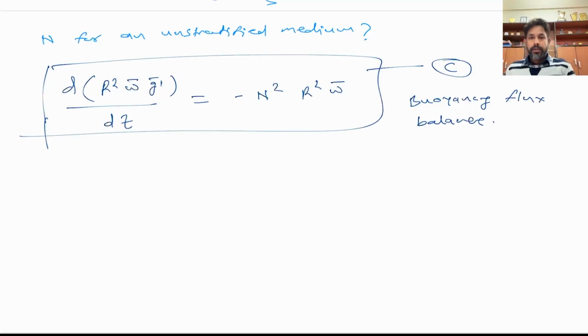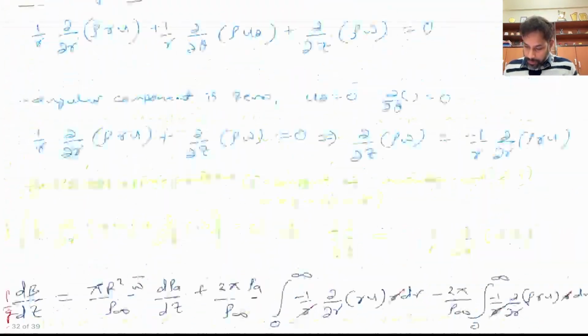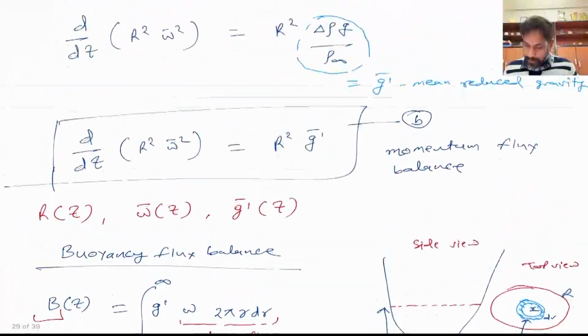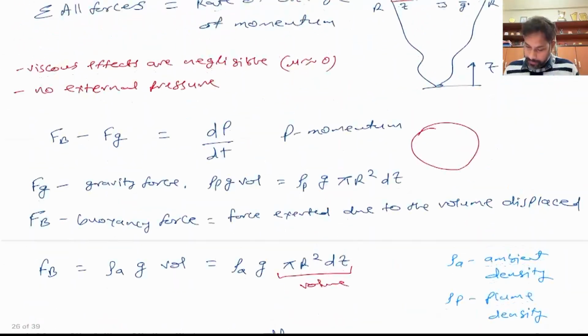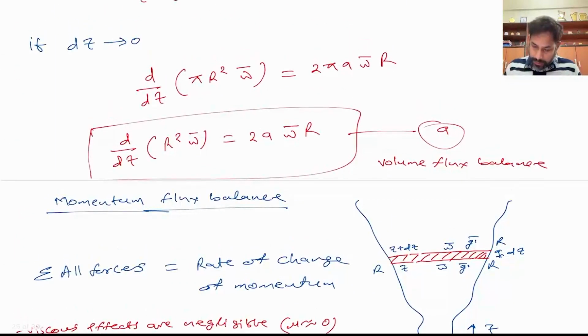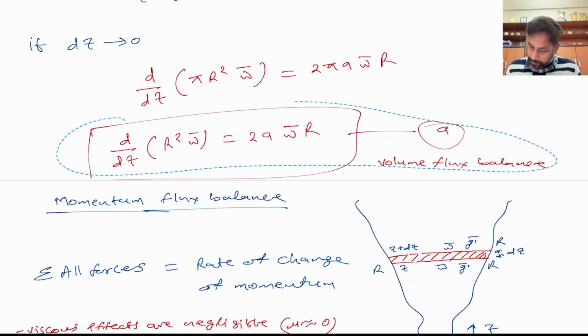So we have already derived three flux equations, right? So let me copy all of them here, and then we will discuss how to find a solution for the problem. So this is the volume flux balance equation.